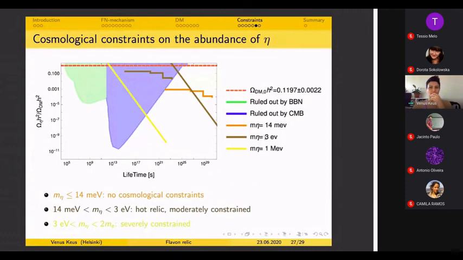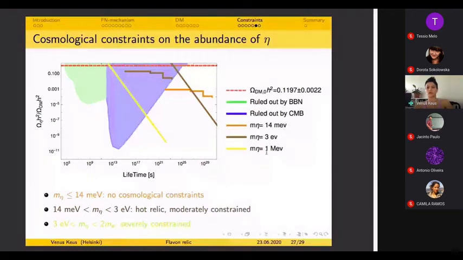Then any value between 3 electron volts and 1 mega electron volt, freeze-out production of the model is completely out of the question, but you could have some amount of it left over, having produced it through the freeze-in mechanism.